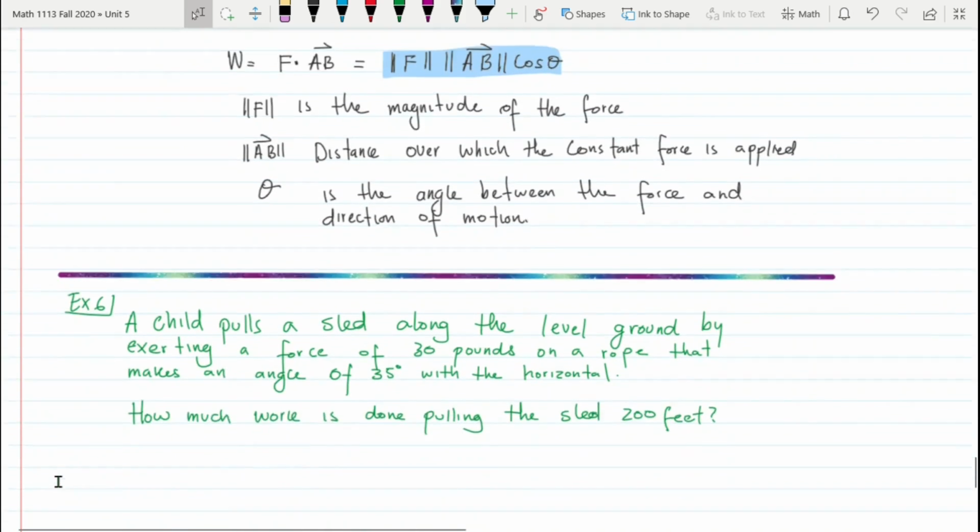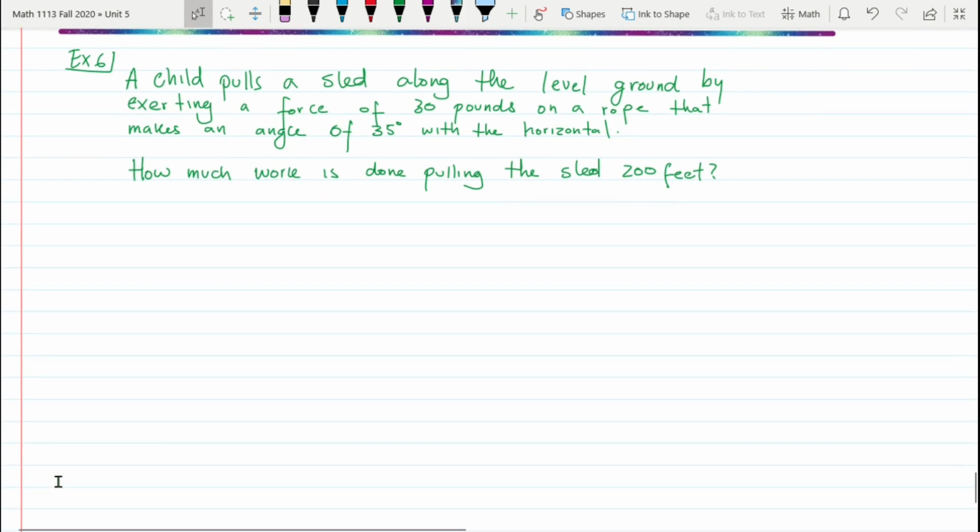Okay, let's do an example. A child pulls a sled along the level ground by exerting a force of 30 pounds on a rope that makes an angle of 35 degrees with the horizontal. How much work is done by pulling the sled 200 feet?